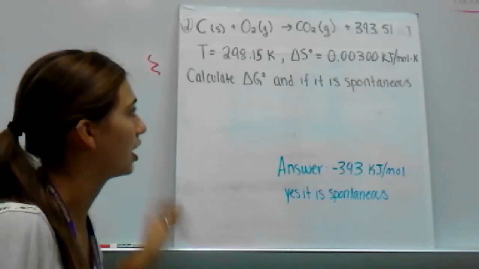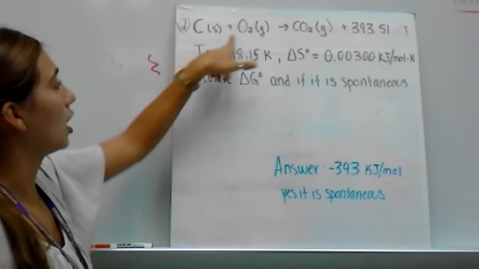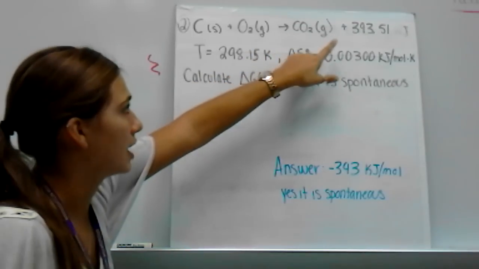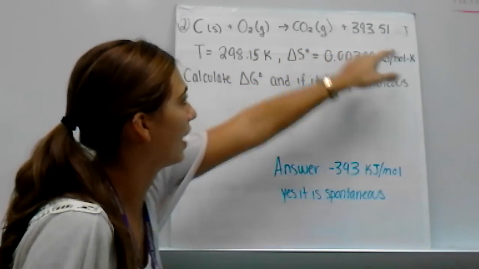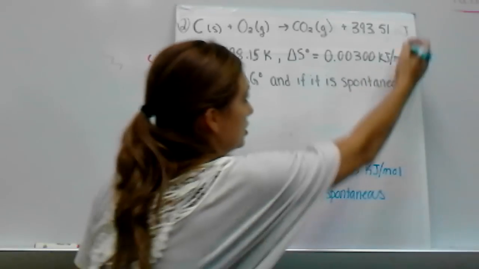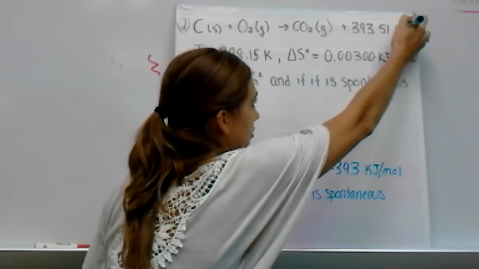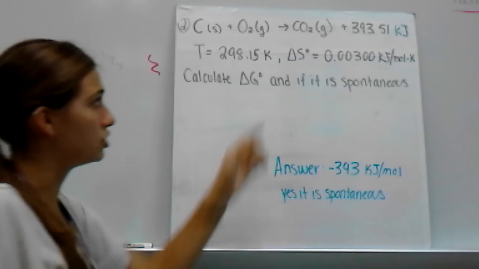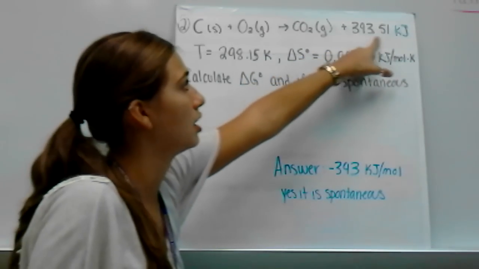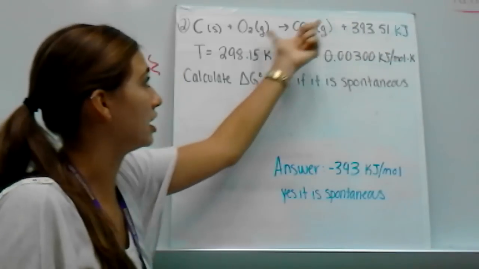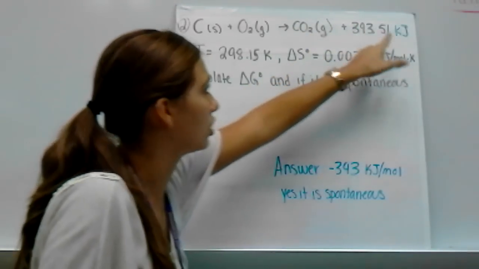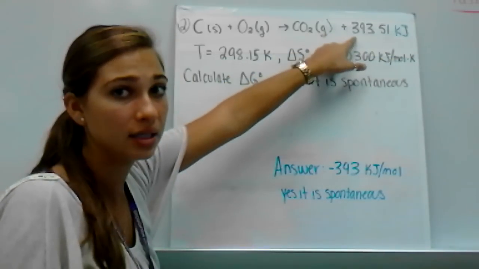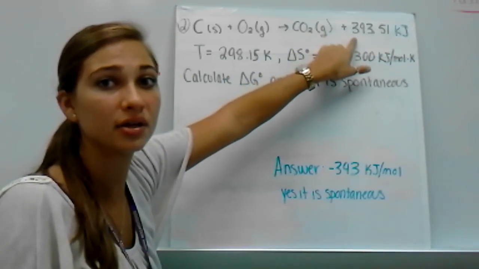Okay, this next one I want you to try on your own. Carbon plus oxygen goes to carbon dioxide, and we're adding 393.51, I should say, kilojoules. So this is like what I showed you before, that you have your enthalpy within your reaction. So you have to know that because this is on your product side, it's going to be an exothermic reaction.